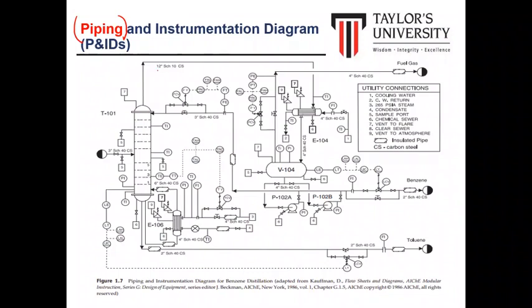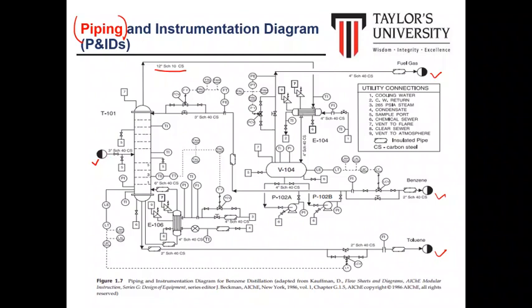For the piping, we mention the size of the piping and also the material of the piping. So let's refer back to the previous topic. From this diagram, we know that we have one input and three outputs so far. So the input is here. So we start here.